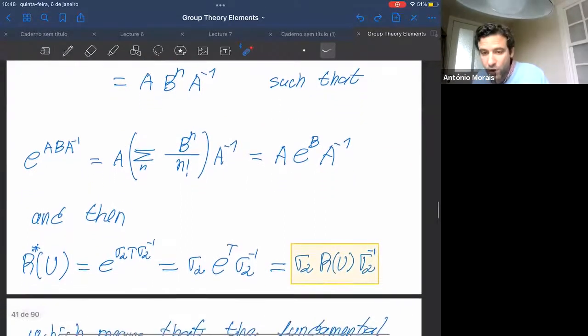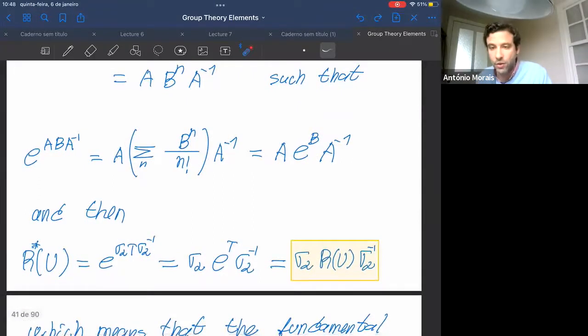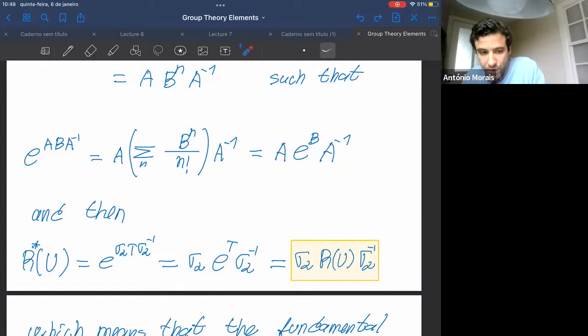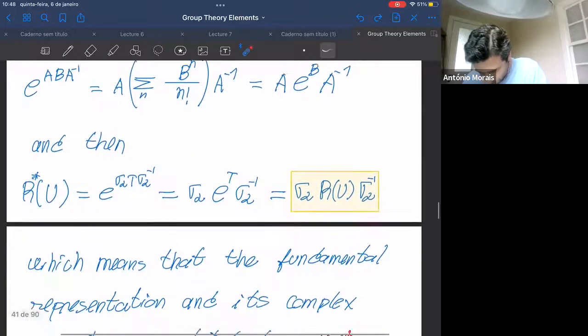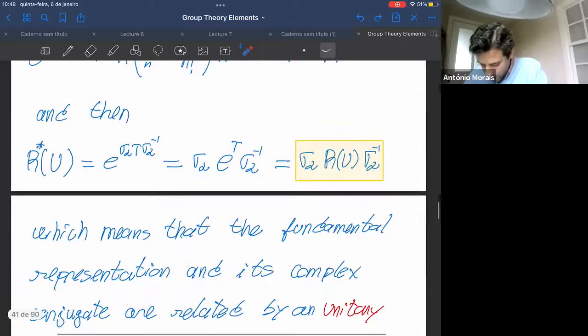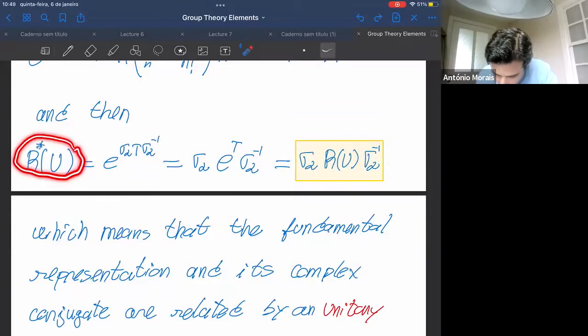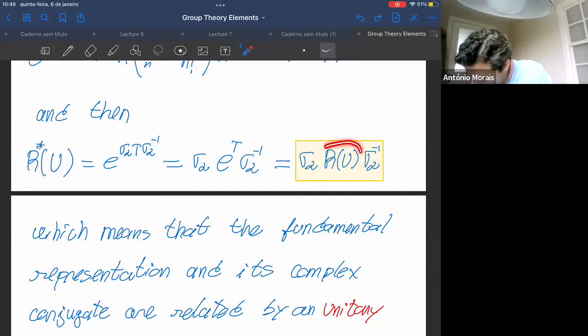So you can make use of this result to the case of the complex conjugate representation, where you have the sigma 2 times sigma 2 minus 1 here, and obtain this result here. And what is important about this result? So the first observation is that the fundamental representation, because this here inside is the fundamental, the importance is relating the anti-fundamental representation with the fundamental representation.